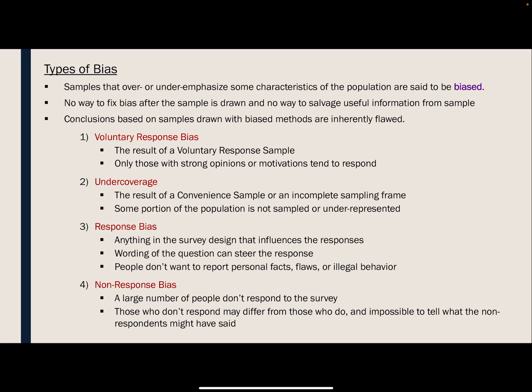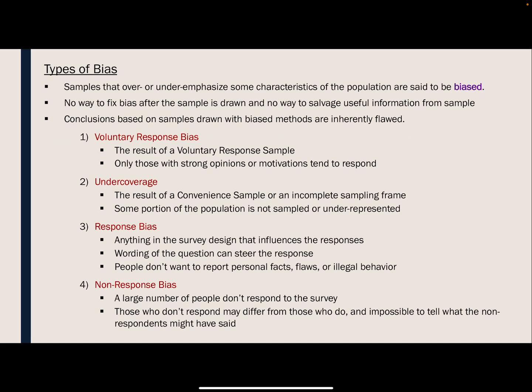Another type of bias is undercoverage, meaning that an entire subset of the population is either way underrepresented or is left out completely. And this usually results from a convenience sample or anything where we have an incomplete sampling frame.